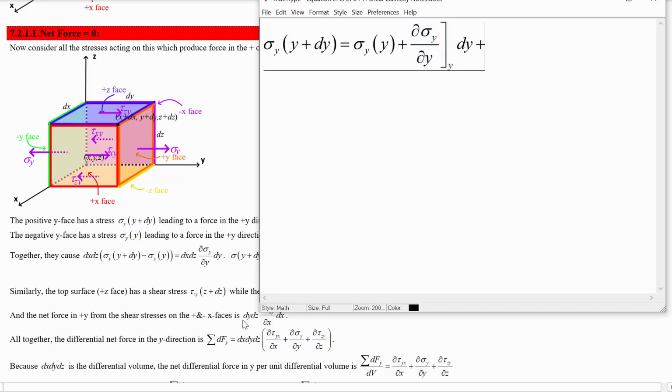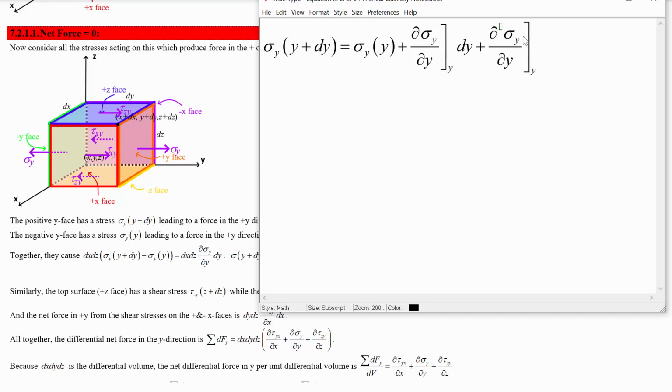So del sigma y by del y at y times dy, plus the second derivative of this thing evaluated at y over 2 factorial times dy squared, plus etc. But all of these extra terms don't matter, and neither does the dy squared, because that's going to be negligible compared to dy, since this is already very small.